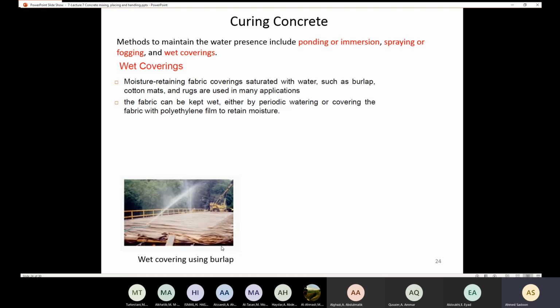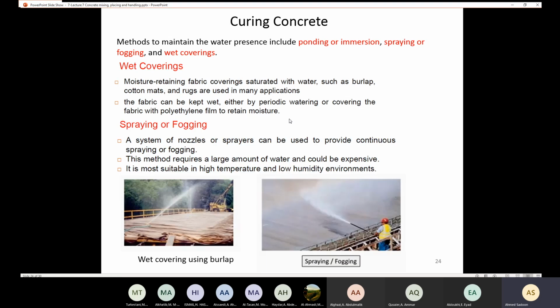The burlap helps us maintain the water for a long period of time. Wet covering means moisture-retaining fabric saturated with water, such as burlap, cotton mats and rugs, used in many applications. The fabric can be kept wet either by periodic watering or by covering the fabric with polyethylene film to retain the moisture.